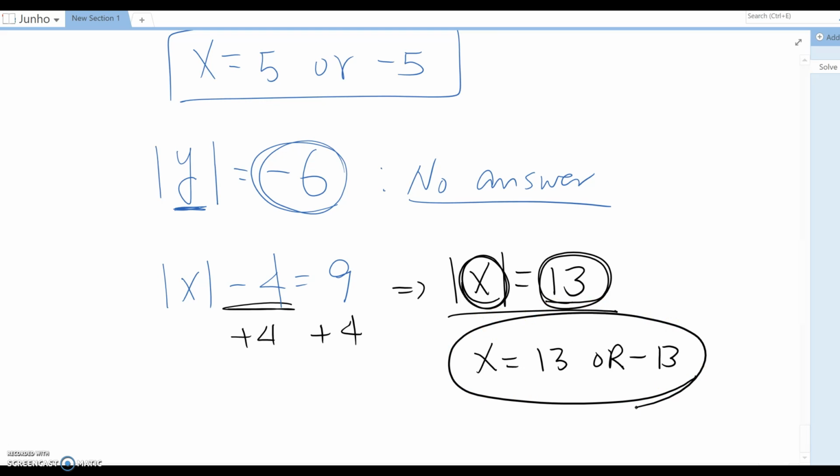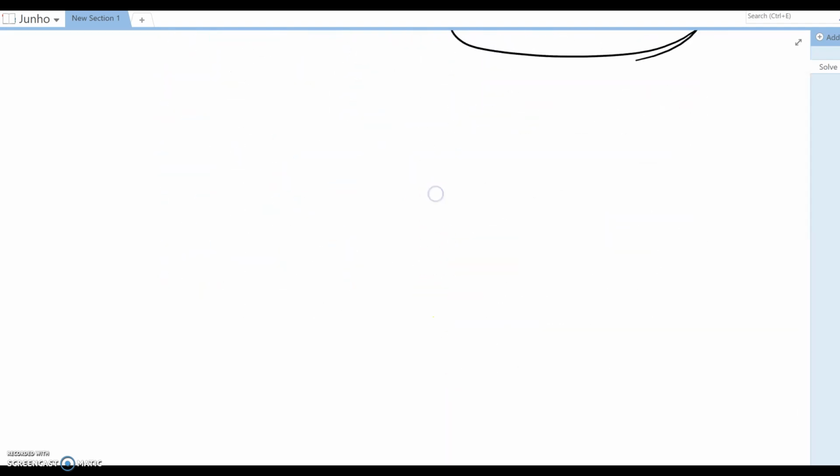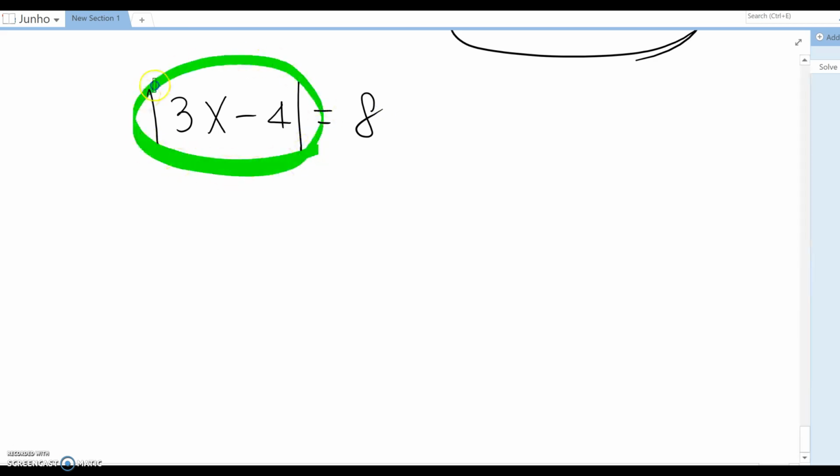Then let's start covering a little bit harder questions, such as absolute 3x minus 4 equal to 8. Please remember, this whole expression is the absolute value, which is a distance away. So what value can be 8 units away from the 0?